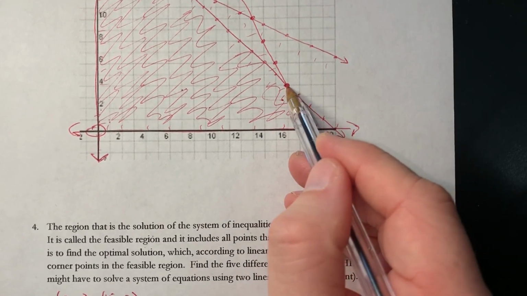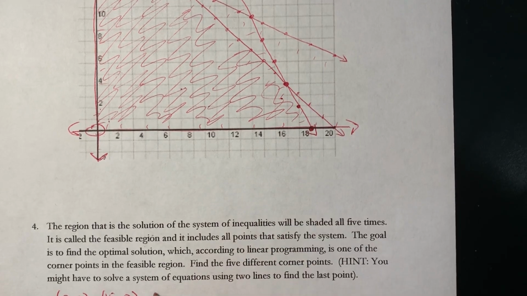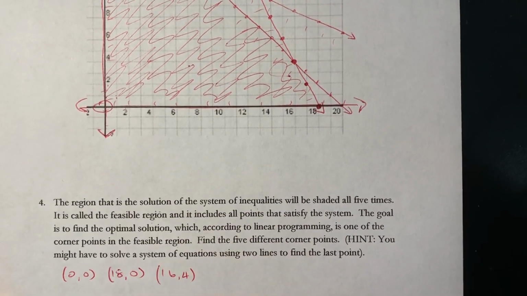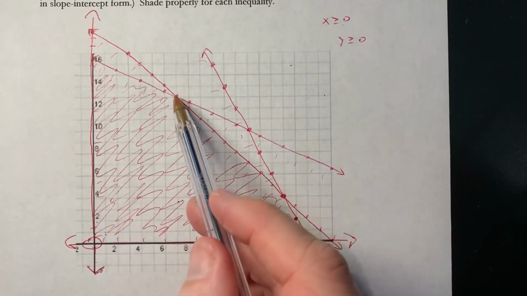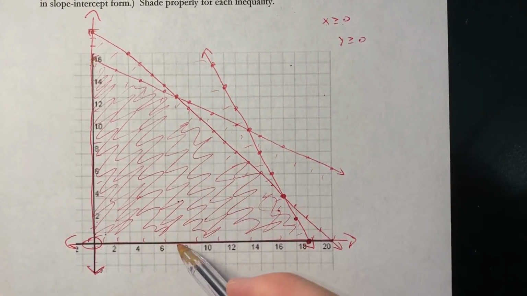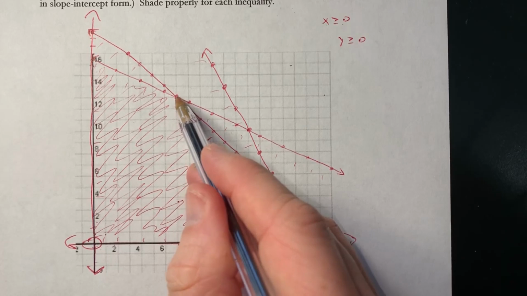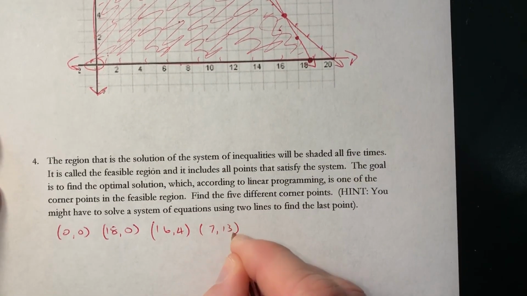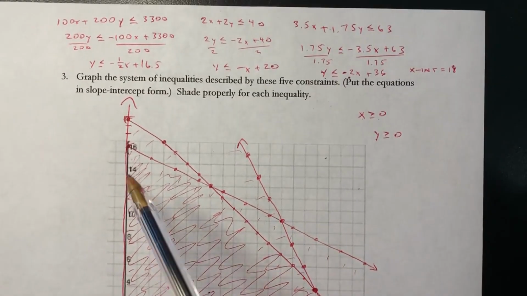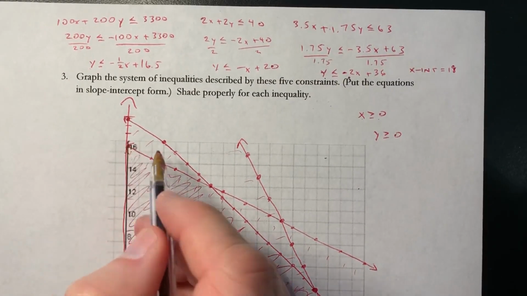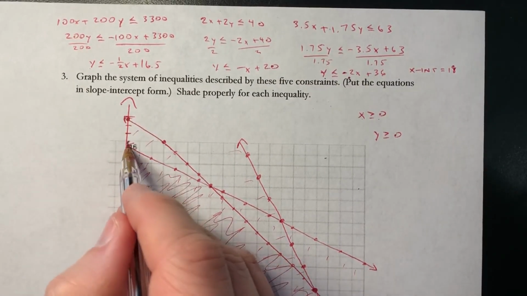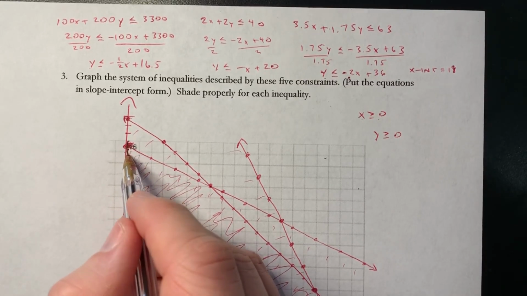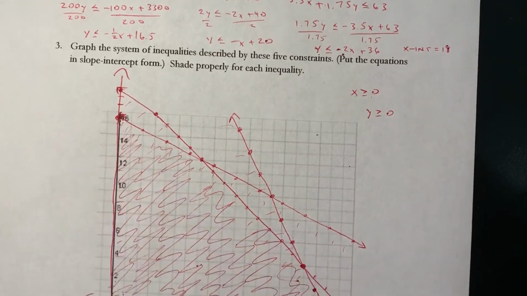Right here we have 16, 4. Up here we have 7, 13. And right up here, we've got 16.5. It's actually 0, 16.5.